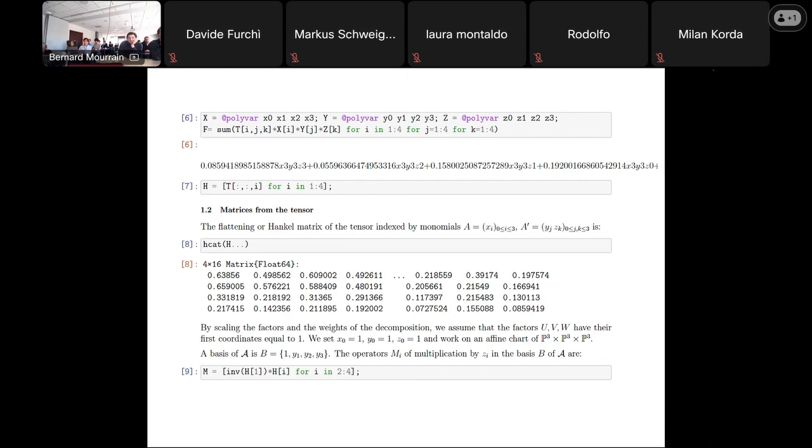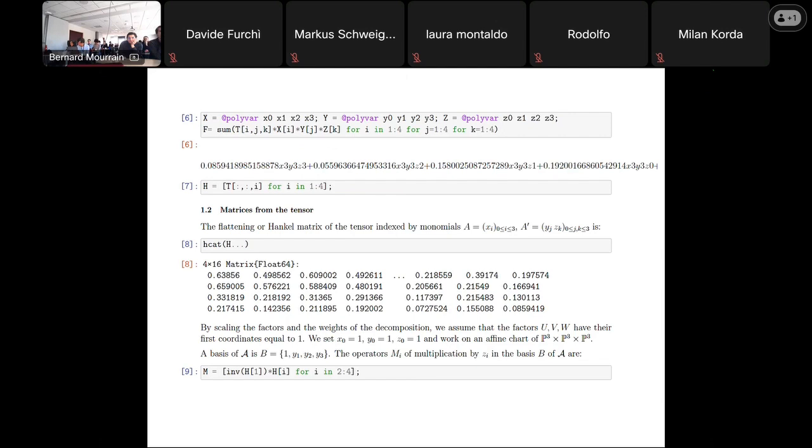This is a polynomial representation. In the polynomial, we substitute x0, y0, and z0 by 1 to be in some affine chart of P3 times P3 times P3. So that's what we do in this polynomial.